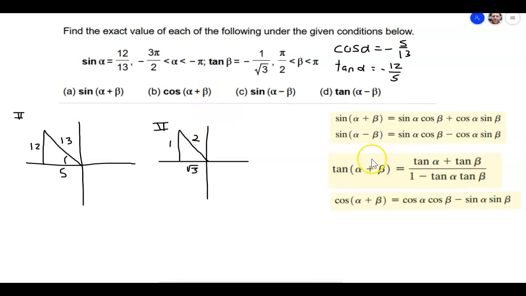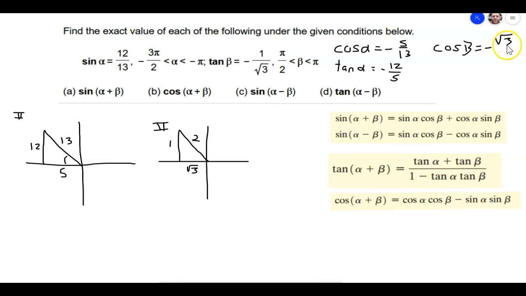We're also going to need the sine and cosine of beta. Let's start with the cosine of beta. We're in the second quadrant, so that will be negative, and it's adjacent over hypotenuse, so negative square root of 3 over 2.